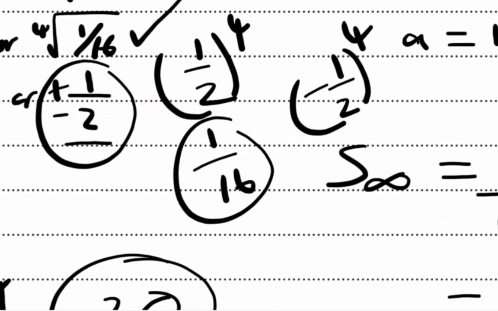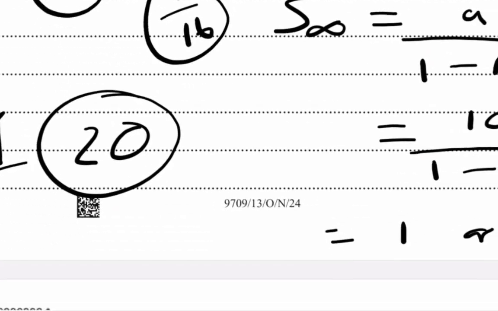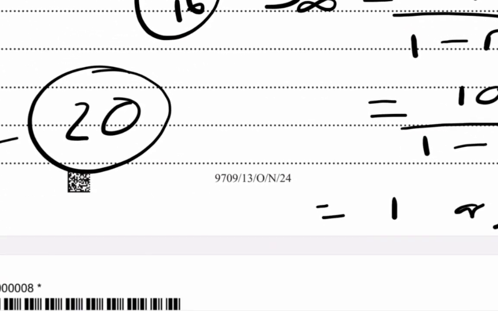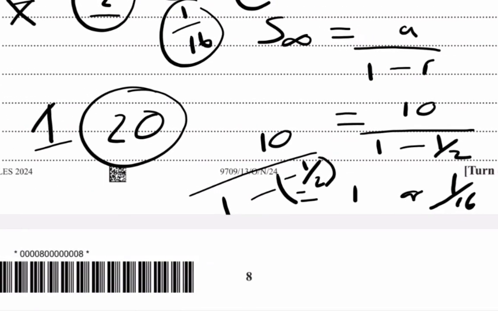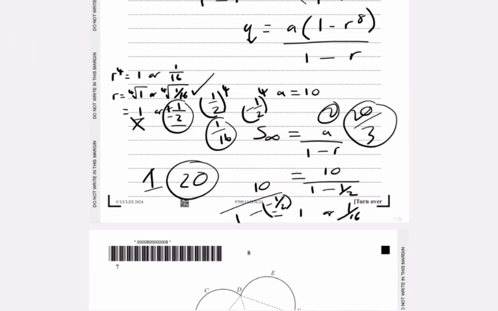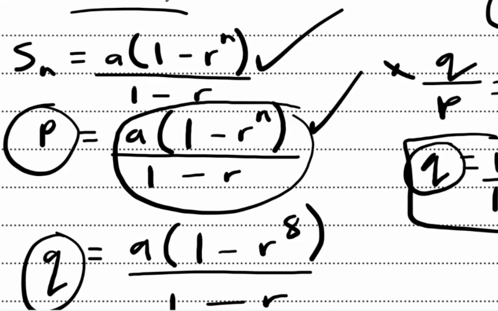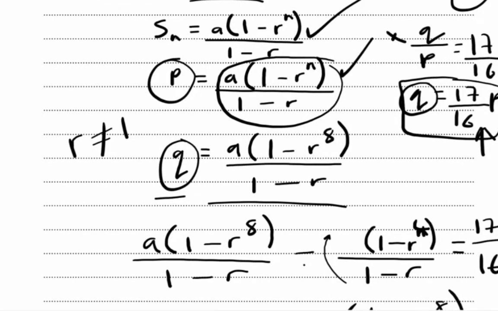So we have two values of R, which are positive half and a minus half. So now we get the other answer by saying 10 over 1 minus minus half, right, which is 10 over 3 over 2, which gives us 20 over 3, and this will be the second answer. And this should get you your 5 marks for number 6.